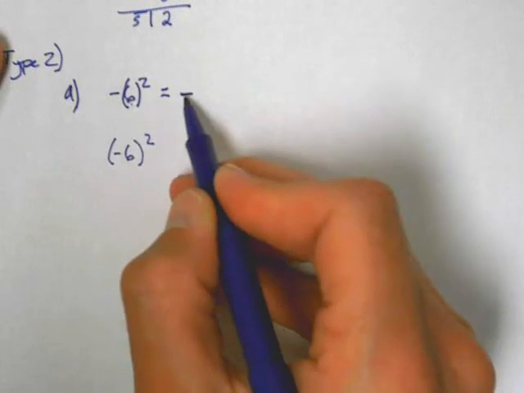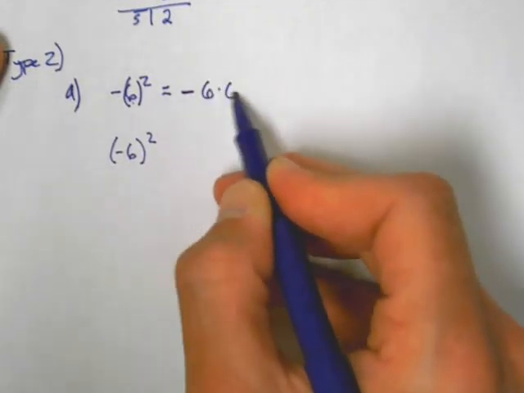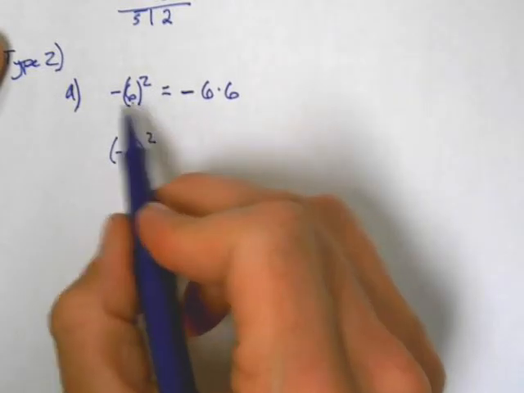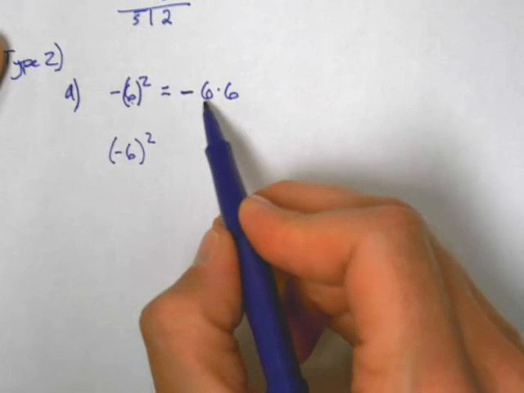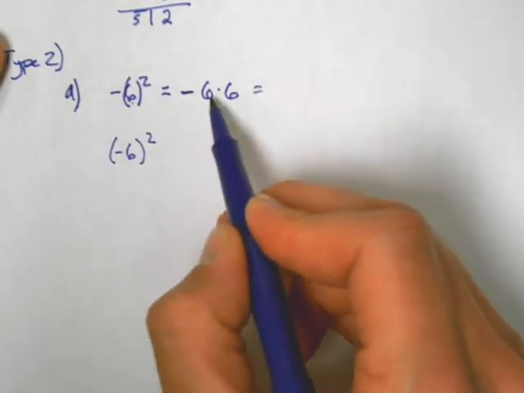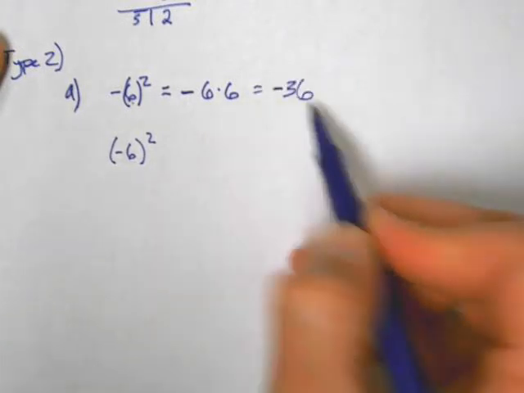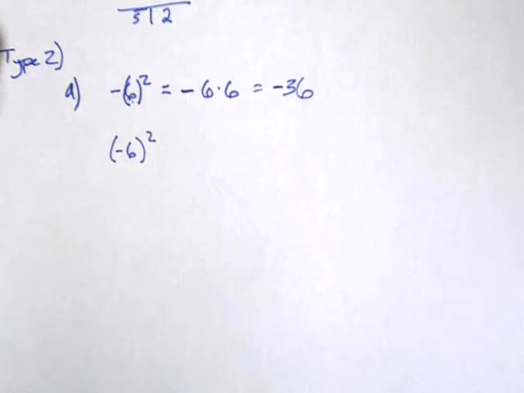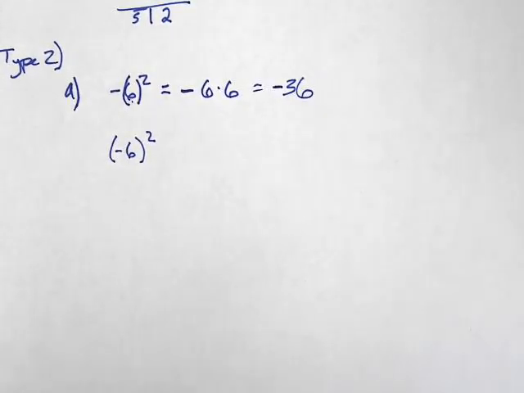So it's going to be one negative, and only 6 is being squared, so it's a 6 times a 6. That's what -6 squared without parentheses means. It's going to be one negative times the rest of the stuff being positive. So -6 times +6 stays -36. A lot of students will say that's +36 when it's really -36.